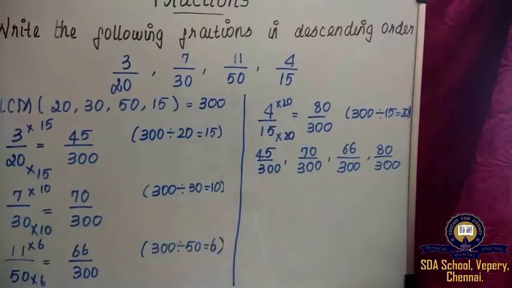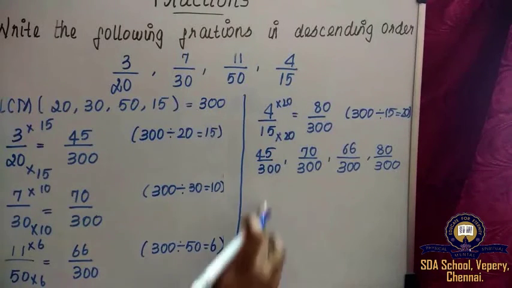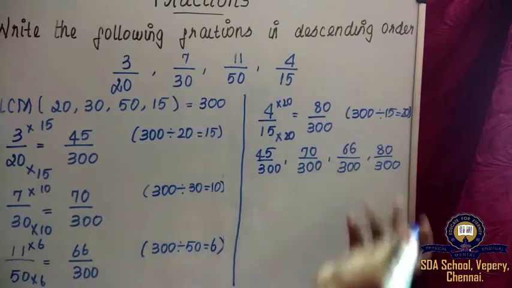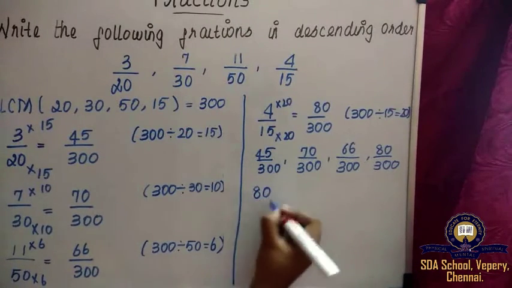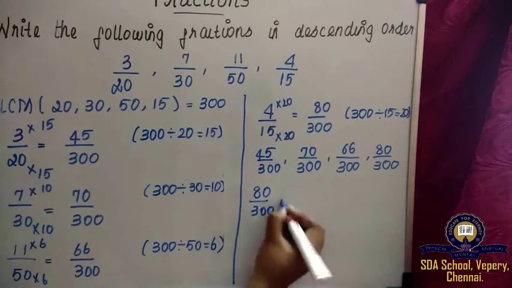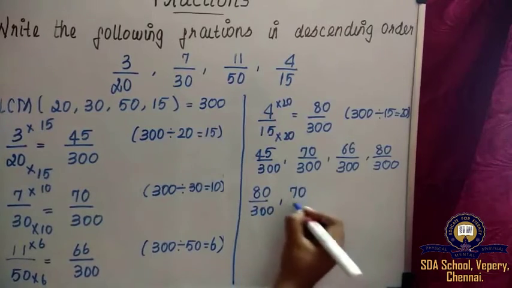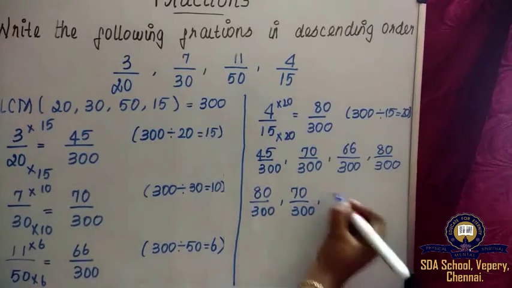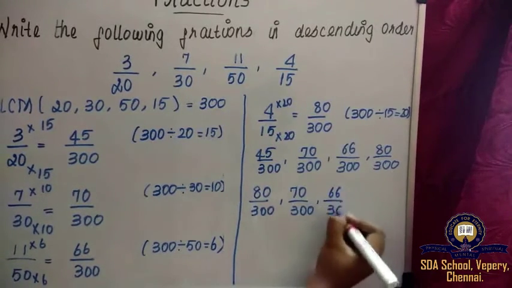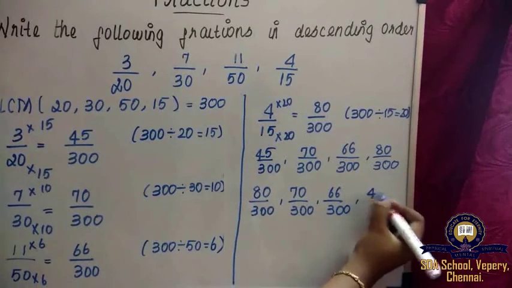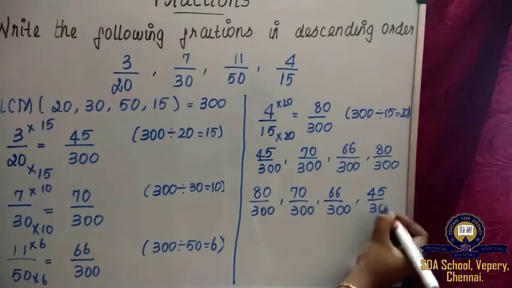So descending order means from greater to smaller. So from all these fractions, which is the greatest fraction? Yes, 80 by 300. Next is 70 by 300. Next is 66 by 300. And the next one will be 45 by 300.